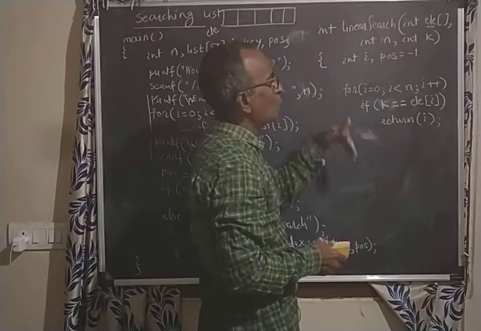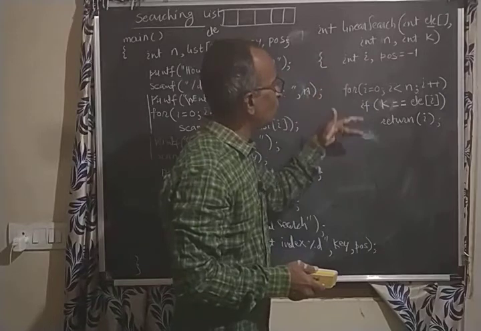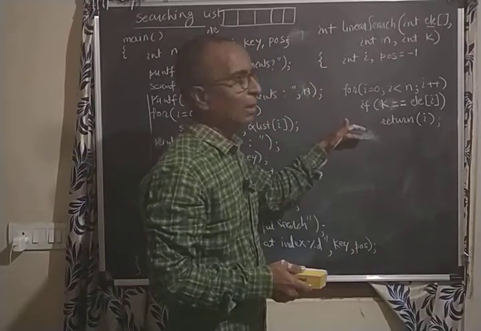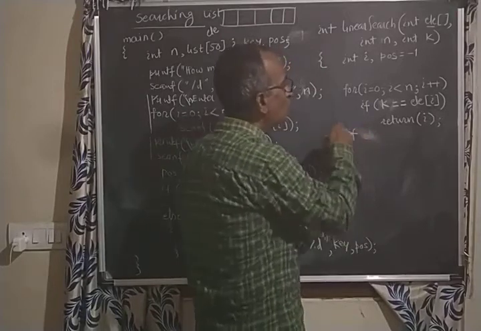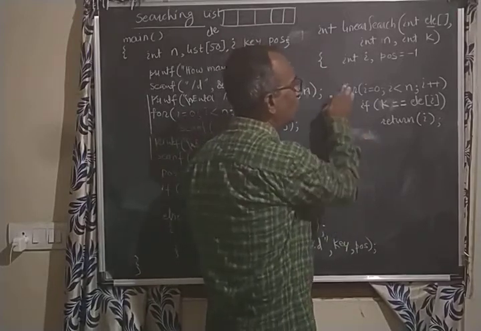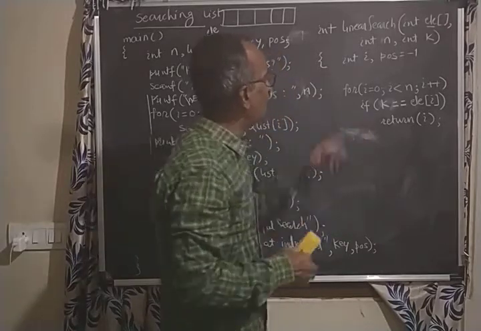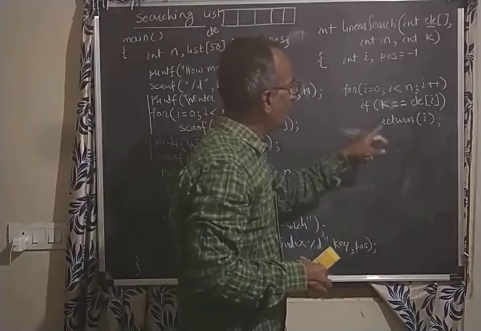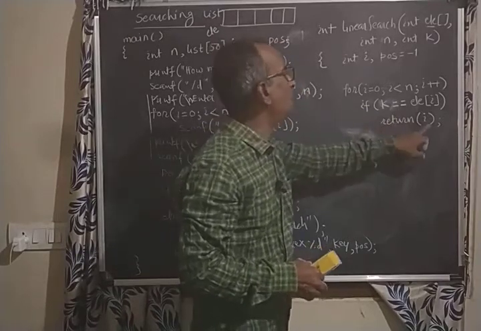If the element is not found, it will not return, it will come out of this loop, correct? So after coming outside of this loop, if it is a successful search, from here it will return I.